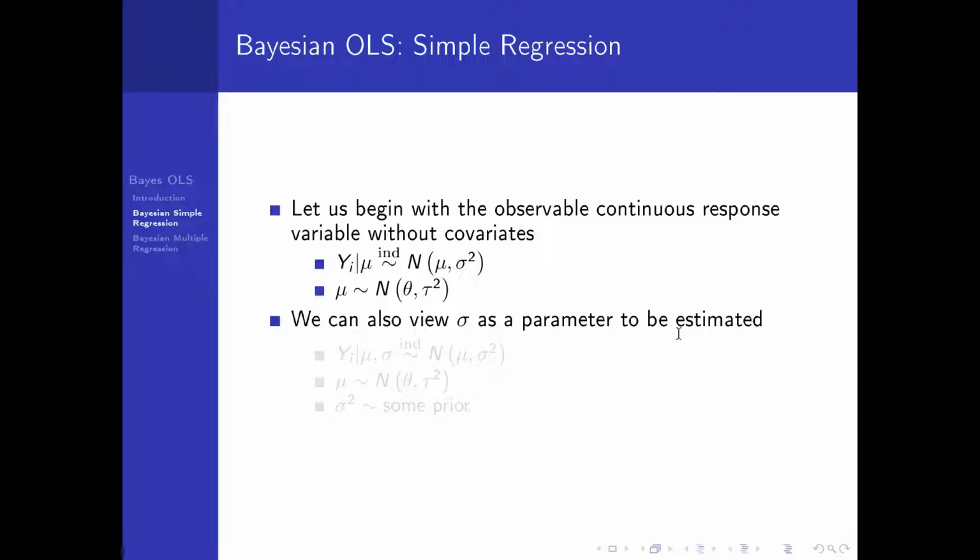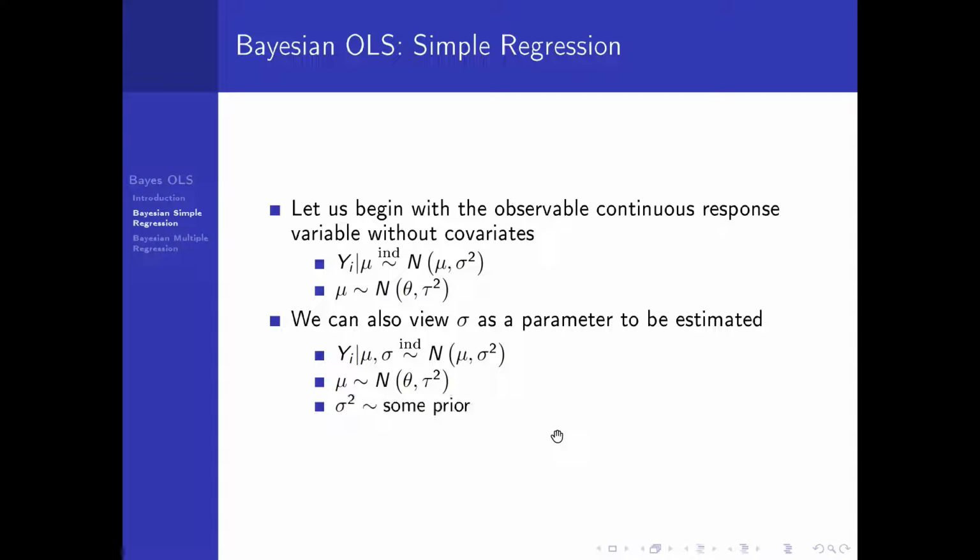So again, we have this array of random variables yi given mu, and the additional parameter sigma to be estimated, and they follow a normal distribution with mean mu and variance sigma square. So mu follows a normal distribution with its mean set to theta and variance tau square. That's the prior for mu.